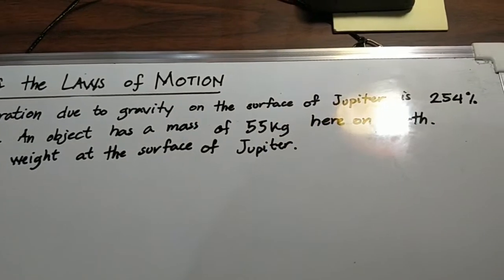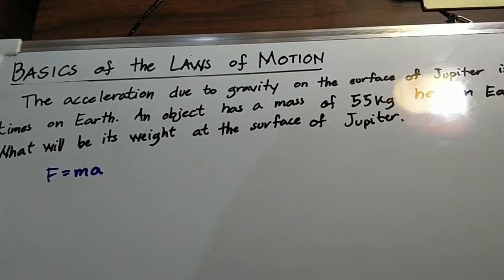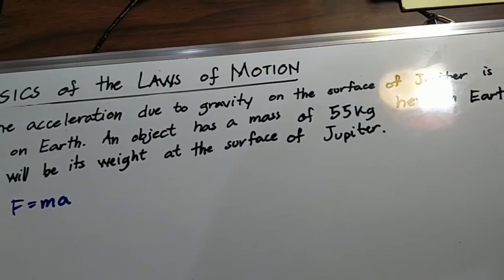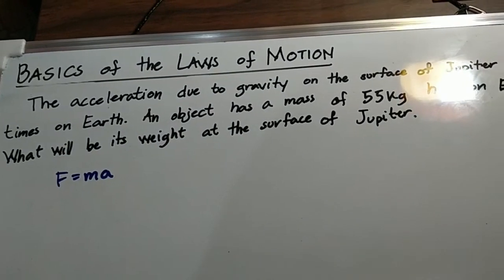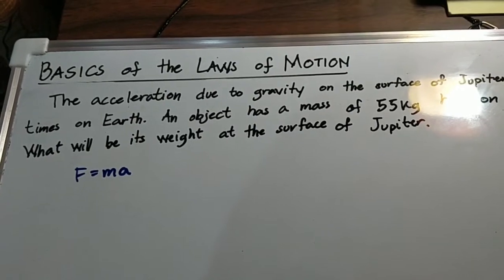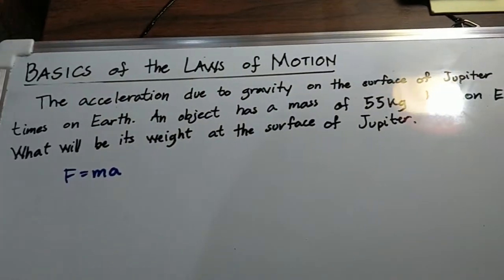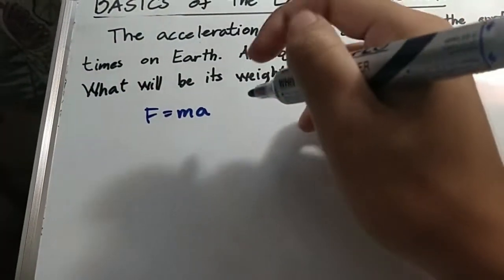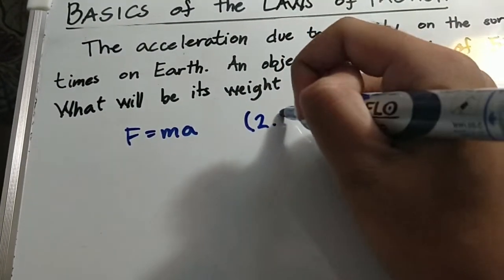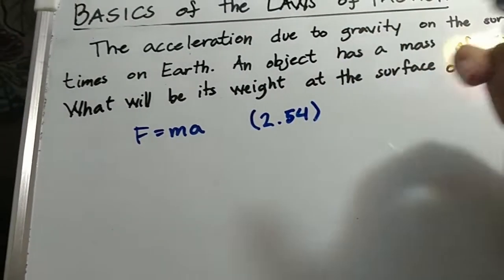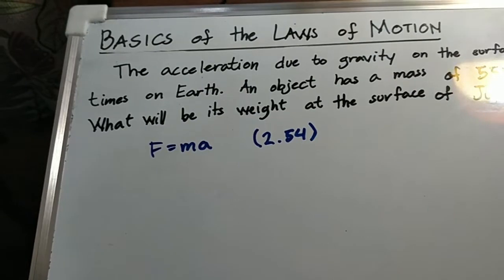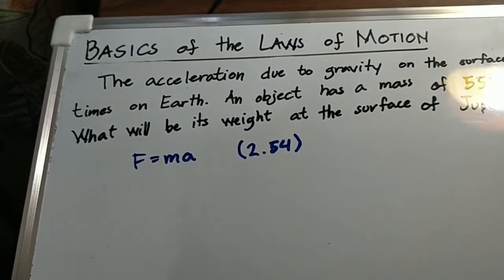Pero, walang in-indicate kung ano nga ba ang gravity on the surface of Jupiter, kundi itong 254% times on Earth. So, dun mismo sa word problem na yon, 254%, which is equal to 2.54 times on Earth. Ano nga ba ang acceleration due to gravity sa Earth?